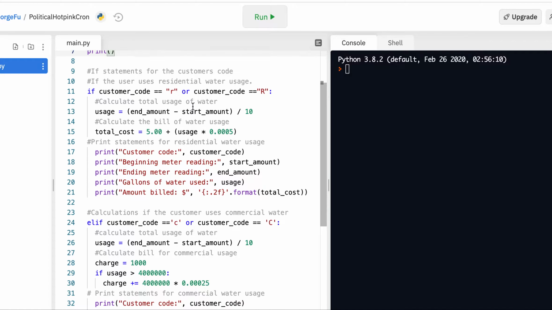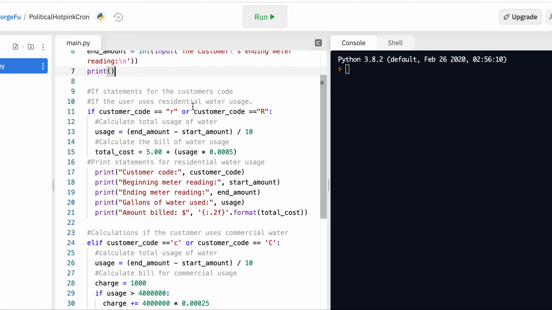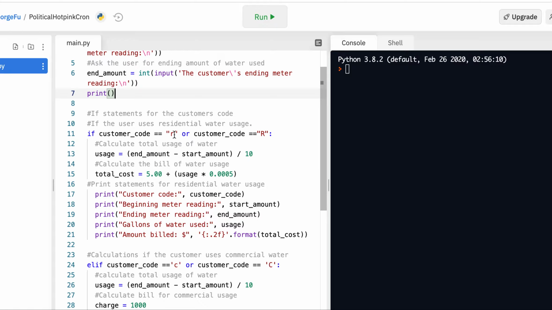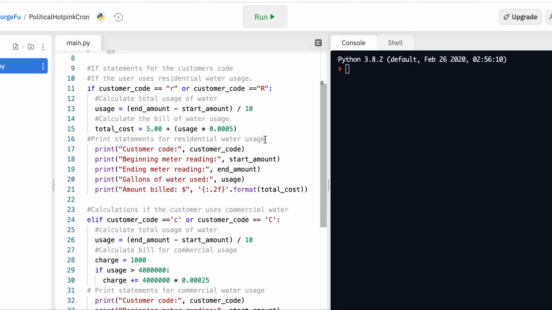Jumping on to the next few lines, because there are three different types of codes, three different possibilities the customers can be paying for, there's going to be an if-else statement. Since the first one in the requirements was residential, I made the if statement start with residential, with the code being little r as well as capital R. If the customer code is little r or capital R, then the program would run lines 9 through 21.